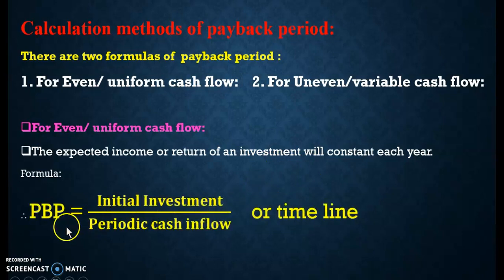Formula: PBP equals initial investment divided by periodic cash inflow. Here, initial investment means our invested capital or fund, and periodic cash inflow means the return from our investment in every year. We can also calculate a payback period using a timeline.